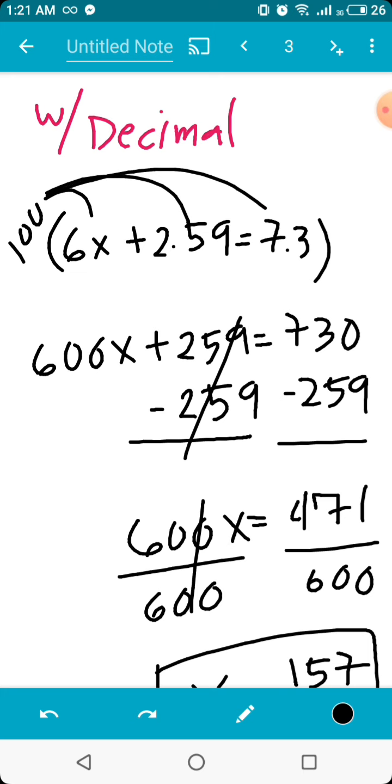Pero since kasama sa equation yung 6x, imumultiply din natin siya sa 100. Okay? Basta sa lahat ng nandun sa equation, dapat equal yung nangyayari. So, kapag nag-divide yung isang term, dapat magdi-divide din lahat ng terms dun sa equation na yun. Or pag nag-multiply yung isang term, dapat imumultiply din sa lahat ng terms sa equation na yan. Okay?